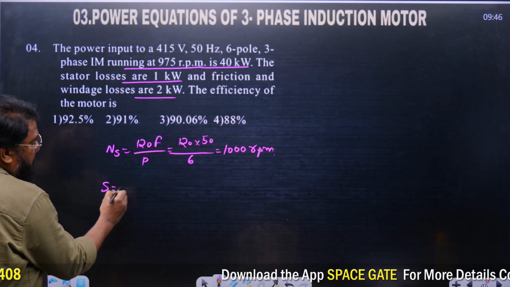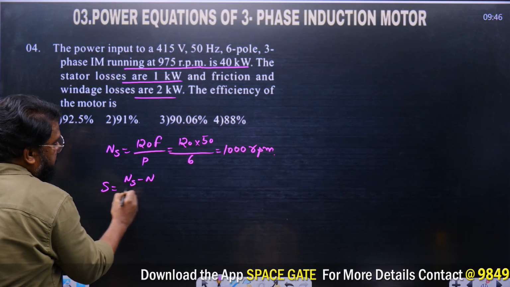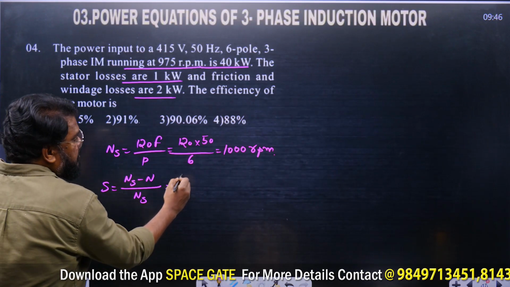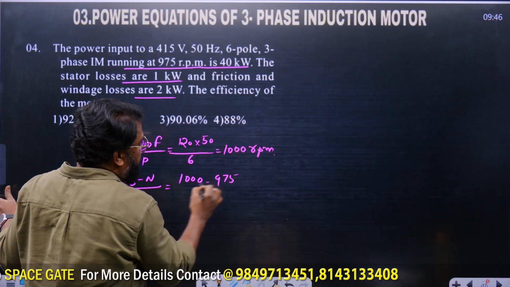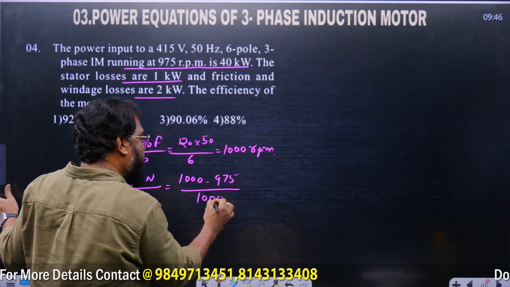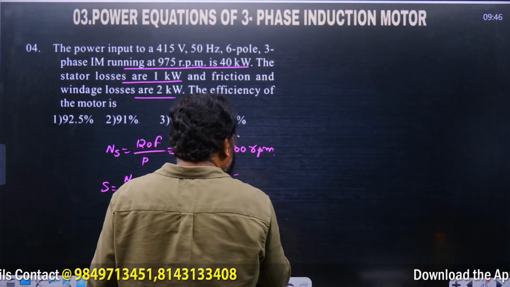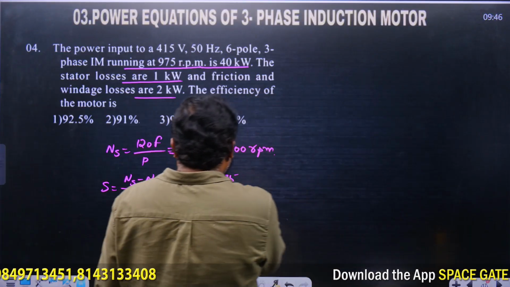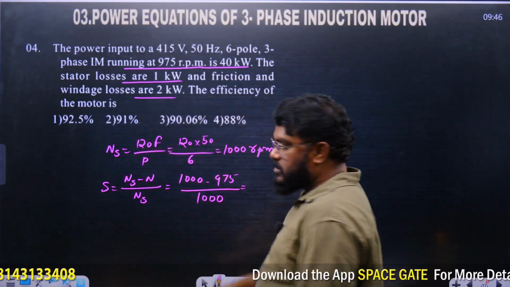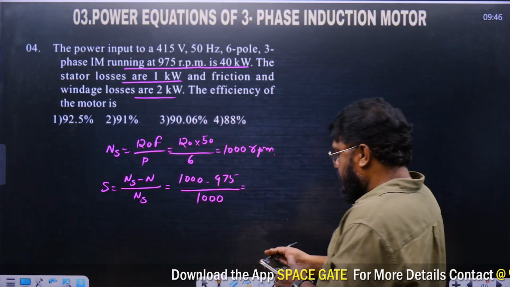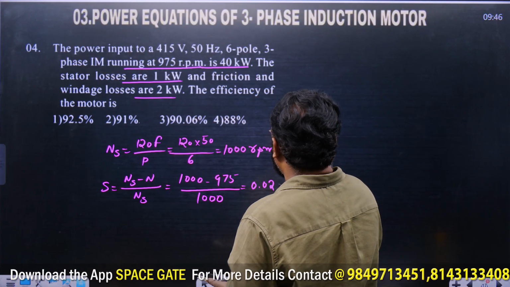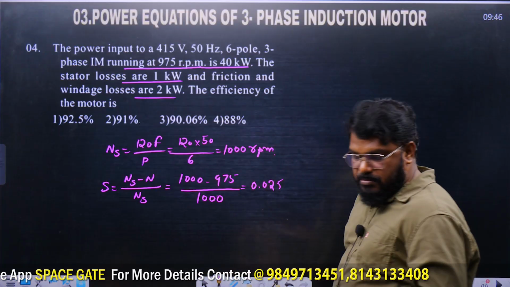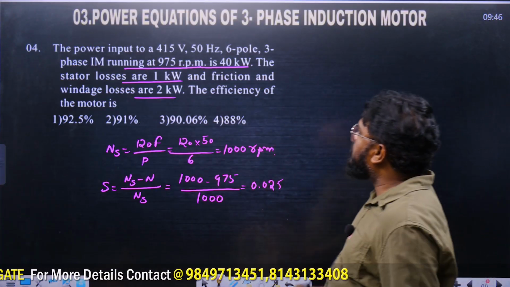The slip of the motor is equal to (Ns minus N) by Ns, that is 1000 minus 975 rpm divided by 1000 rpm. So this one is 0.025. Let us verify once again. Yes, the slip of the motor is equal to 0.025.